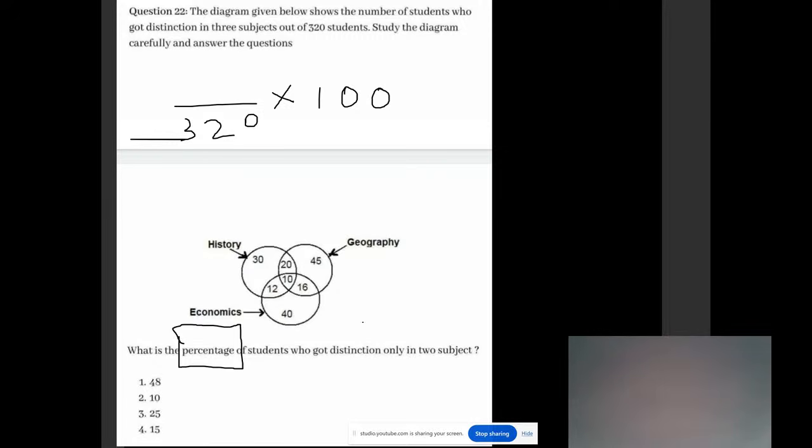So only in two subjects means you should consider this 12. This 12 should be considered because 12 is in two circles. The two circles are history and economics. Next, should consider this 16 also because 16 is present in geography and economics. You should also consider this 20 because 20 is present in history and geography. So these are the required numbers 20, 12, and 16.